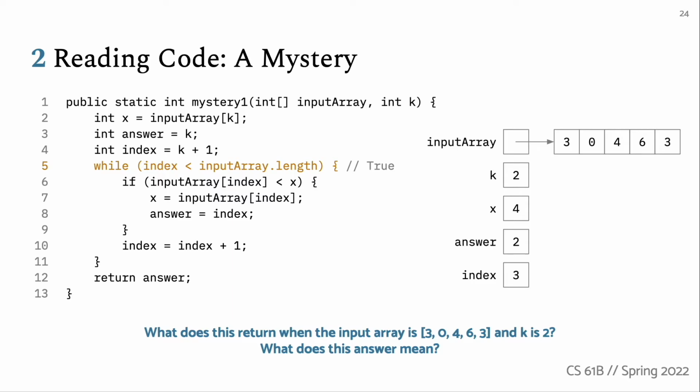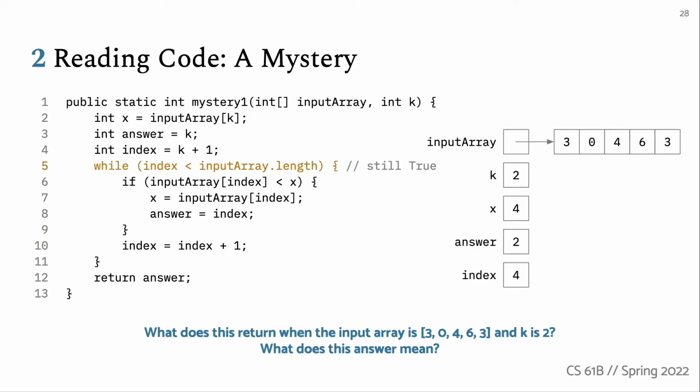We're on this third element, again 0-indexed, that's this element over here. If inputArray[index] is less than x, then we will execute that block. inputArray at this index is 6, x is only 4, so this is false. We're going to skip these lines and just go straight to incrementing index by 1.